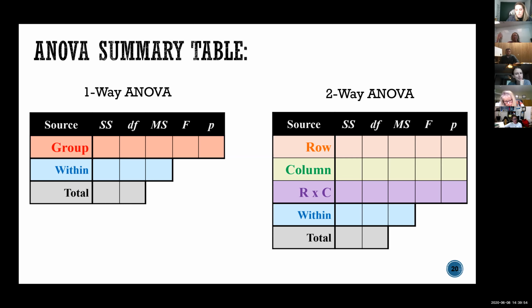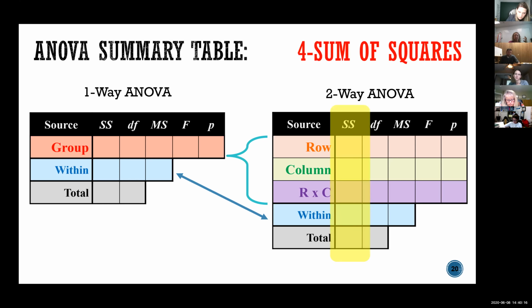It's got the same columns, but it's got a few more rows in it. Instead of having just K groups, we have R rows, C columns, and all the combinations for the interaction. So instead of the 1 F-test, we now have the 3 F-tests. But the mean squared within, the within column, is still going to be our denominator for our F-test, still the same. So I've highlighted first the sum of squared columns.